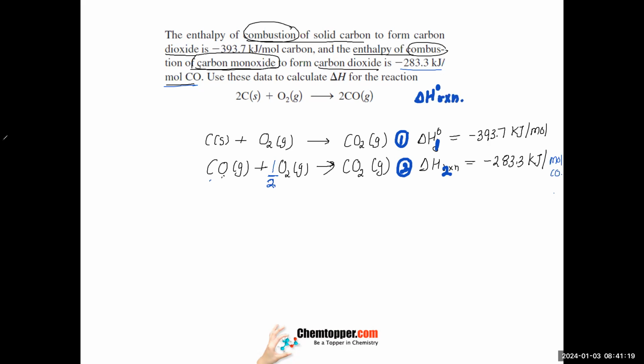So what is your desired equation, children, here? This one. This is the desired equation. I'm going to use these 2 equations to know the delta H of the desired equation. Ready to work with me?